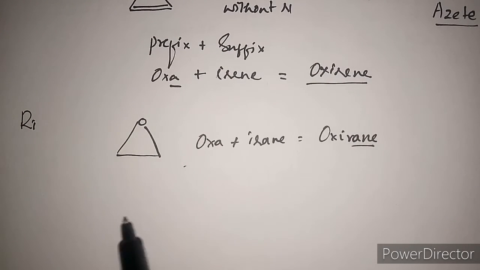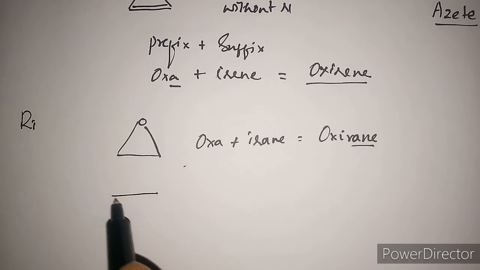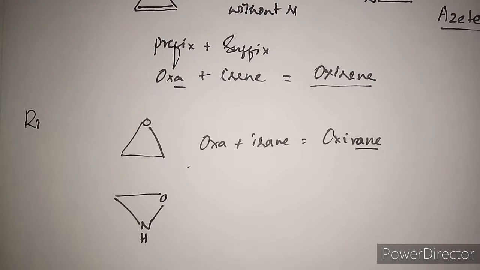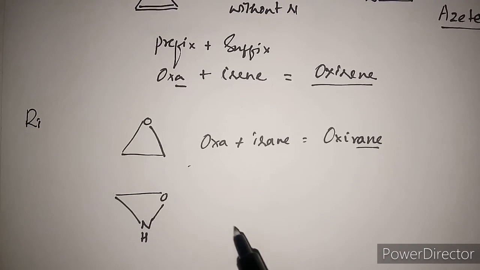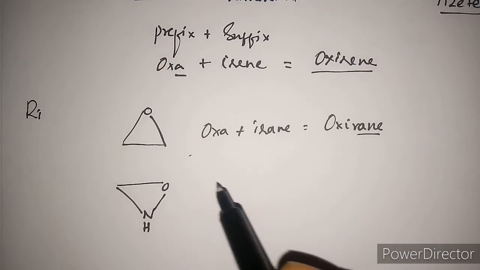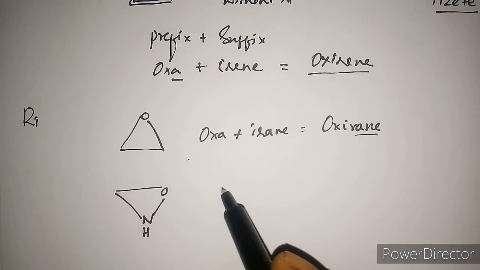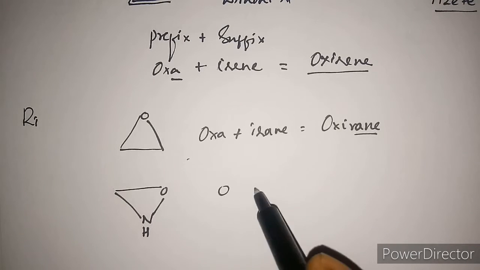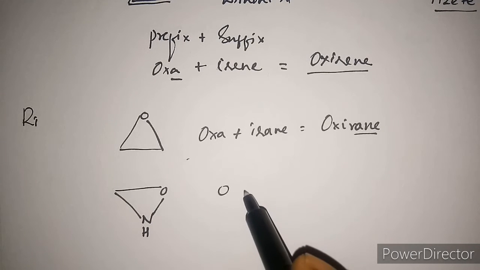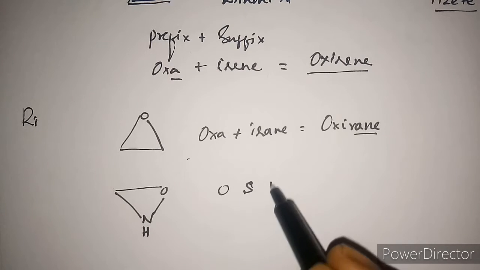Now another example: we have nitrogen with H, and we have oxygen. It's three-membered but containing two heteroatoms. Which one do we need to consider? If it contains more than one heteroatom, we need to use the prefixes following an order. First oxygen, then sulfur, then nitrogen.